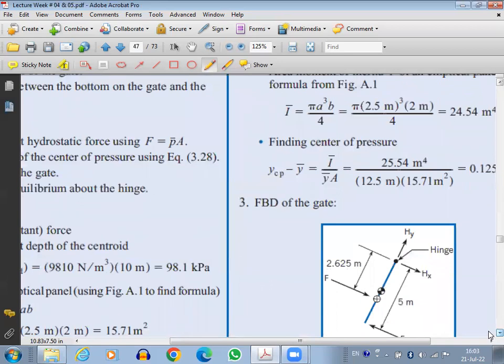First we are going to look at finding the magnitude. I told you, for finding the magnitude we use the centroid, not the center of pressure. But the location where this magnitude is applied will not be the centroid, it will be the center of pressure.